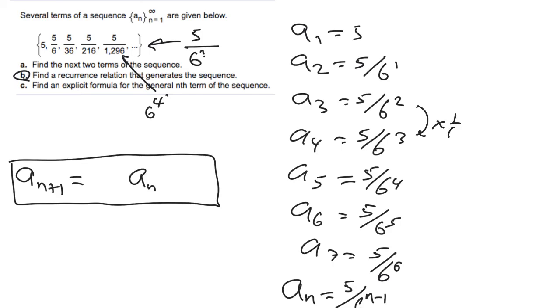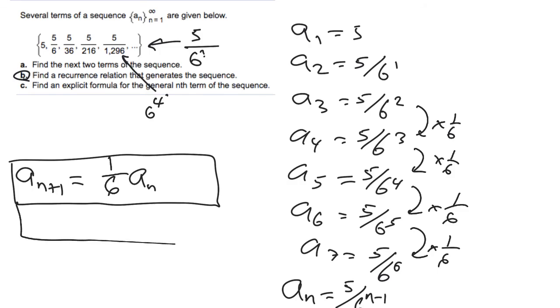If you multiply times 1/6, you're going to get to the next power of 6. Multiplying by 1/6 at every step takes you from one term to the other. So if I write a sub n plus 1 is 1/6 of a sub n, that captures that pattern. That, along with the fact that a sub 1 is 5, is enough to generate the sequence.